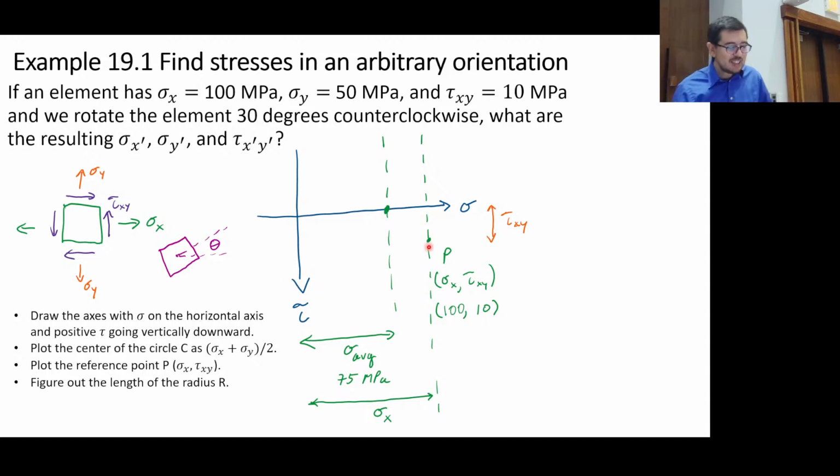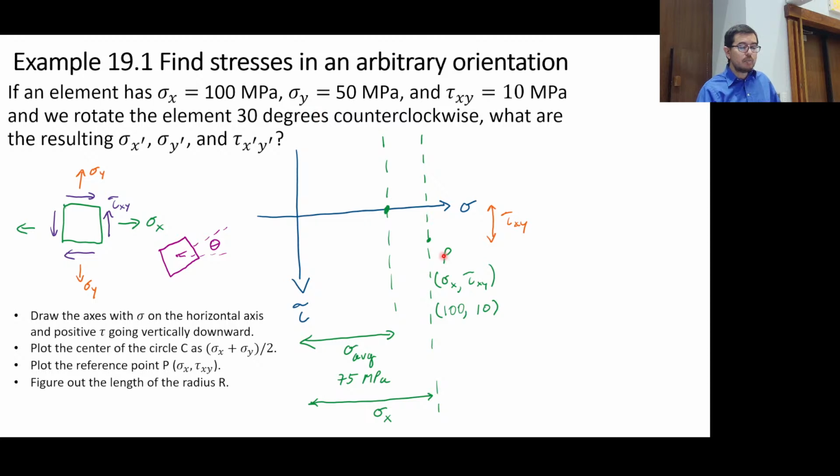Pythagoras, right? So exactly, often what happens is you don't use that equation, you use your geometry to figure out what r is. There are multiple things you need to know, but if you know the process, you know that the center is at sigma average, that's sigma x plus sigma y divided by 2, of course.